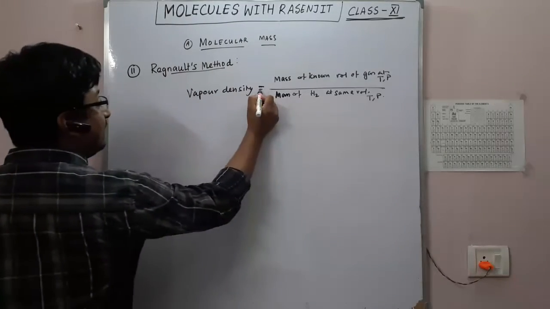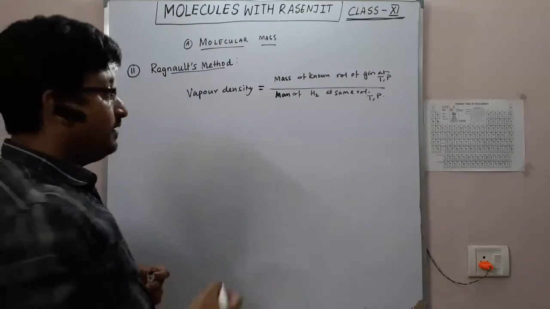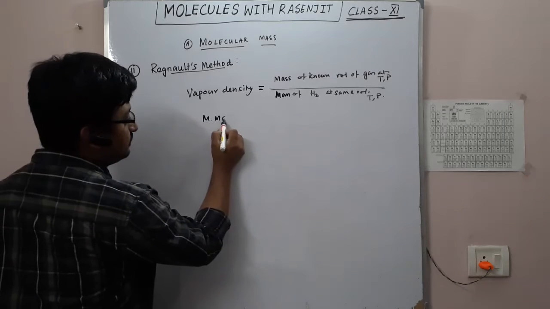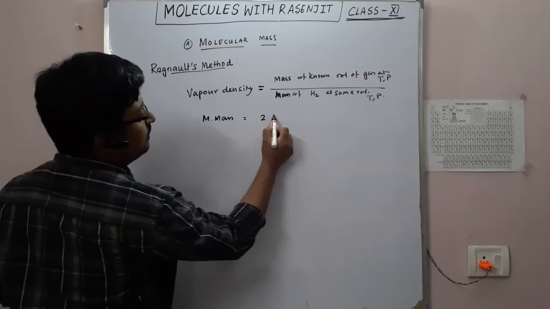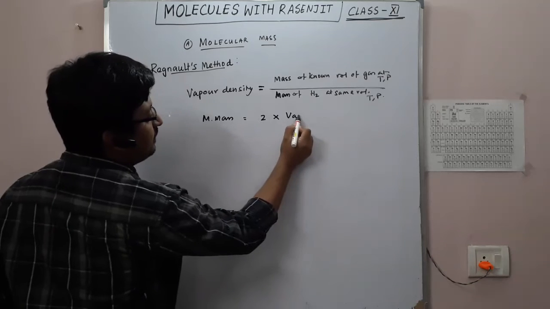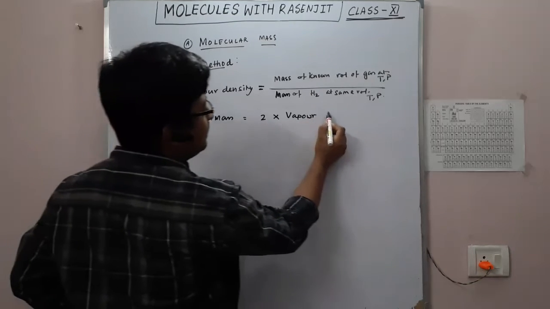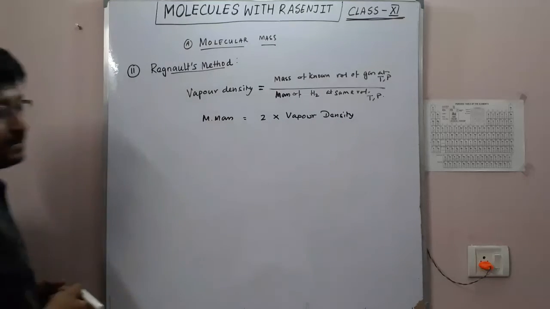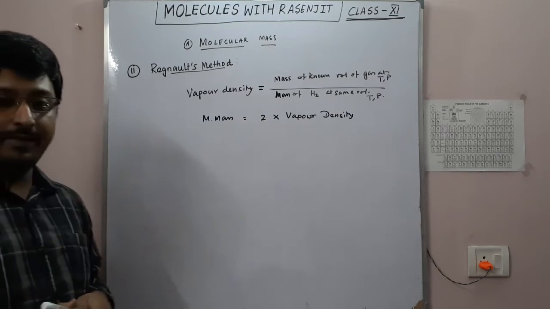Now the standard way of defining and calculating the molecular mass here is basically nothing but 2 multiplied by the vapor density.